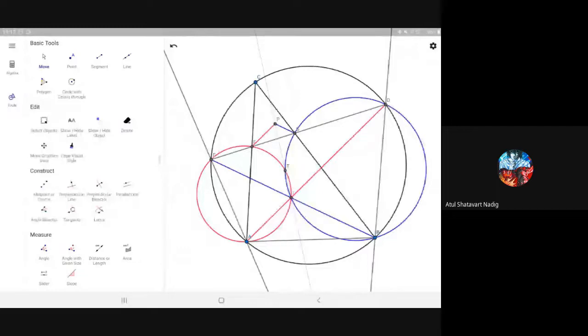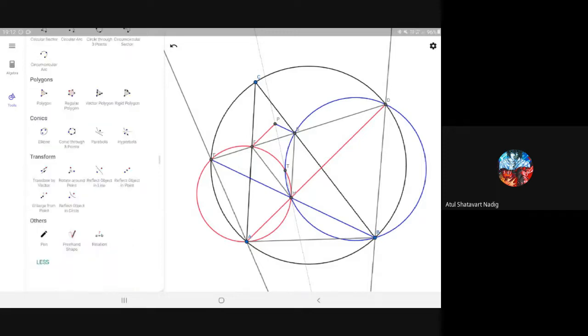Before we do this, we will also note something that is kind of easy. Another claim is that triangle CFG is isosceles. Why is that true? Because this angle is equal to this, which is equal to this and this. So it's an easy angle chase.